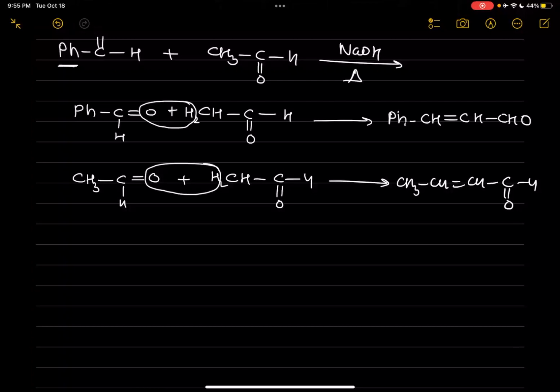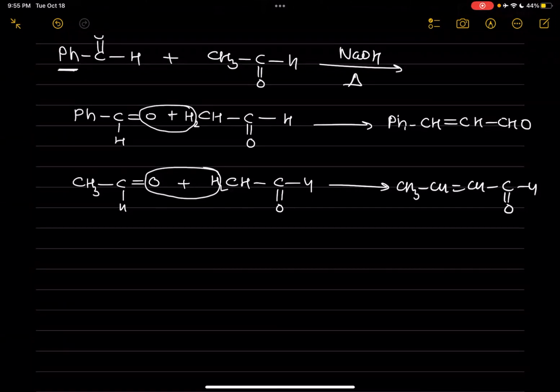What you can do is take this in excess. Then this is the major product. Or if nothing is given, you are going to make the cross product, right?